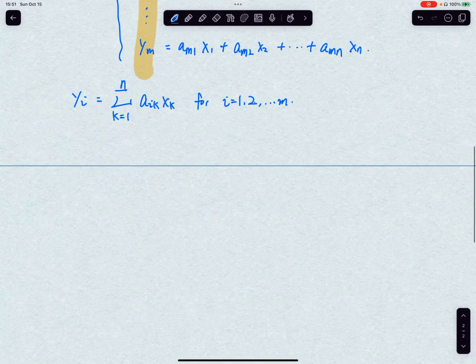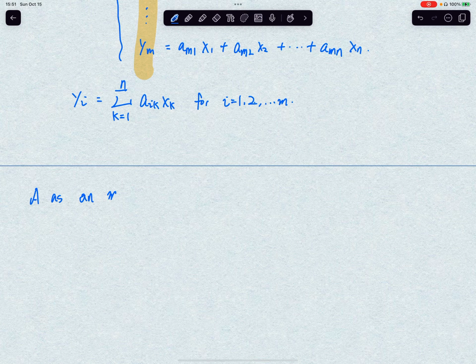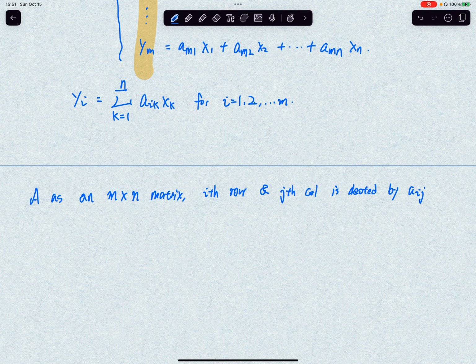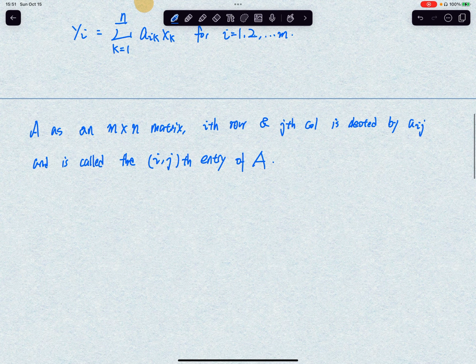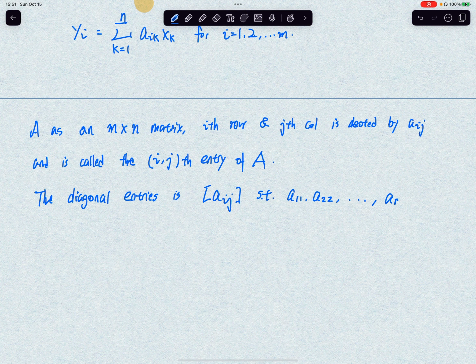And if we denote A as an m by n matrix, then the scalar entry in the ith row and jth column of A is denoted by Aij, and it is called the ijth entry of A. And the diagonal entries in an n by n matrix are the entries Aii, such that A11, A22 up to Ann.